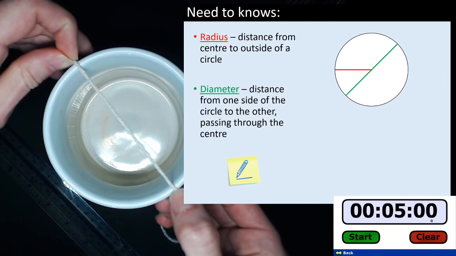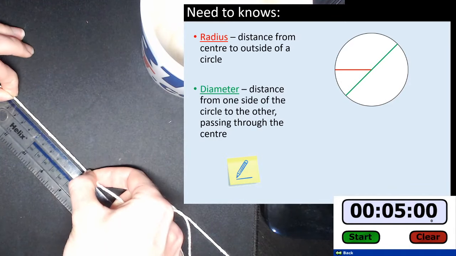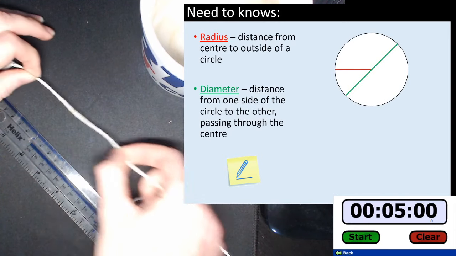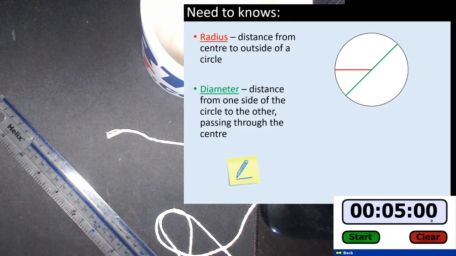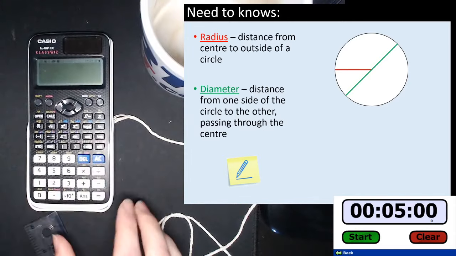My diameter going straight across the middle of our circle is roughly 10.5. So if I do on my calculator 33.3-ish divided by 10.5-ish, what I should get really, really close to is a number beginning like 3.1, hopefully 4.